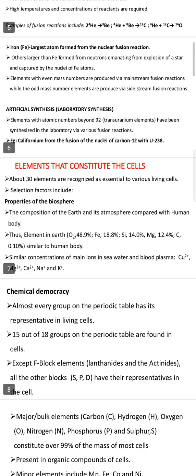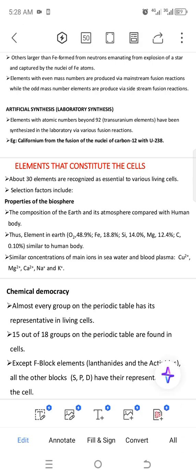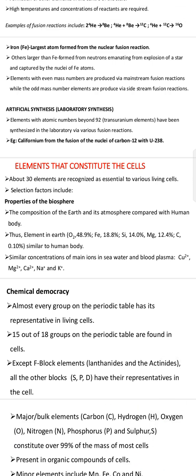So elements with even mass numbers are produced by mainstream fusion reactions, while elements with odd mass numbers are produced by side stream reactions. When you take an atom, you will get the atomic number and the mass number.